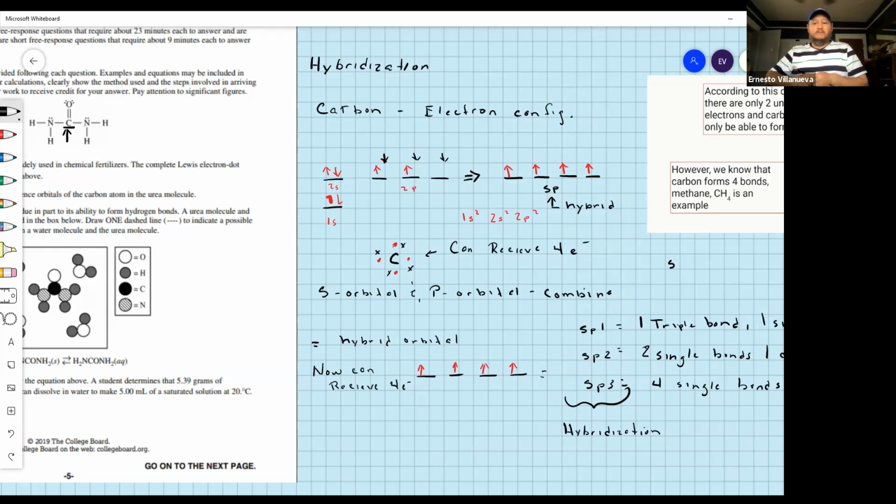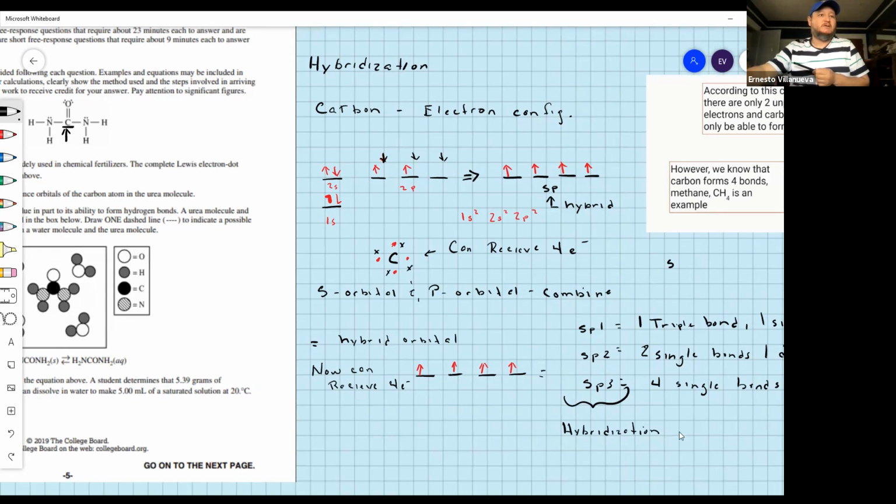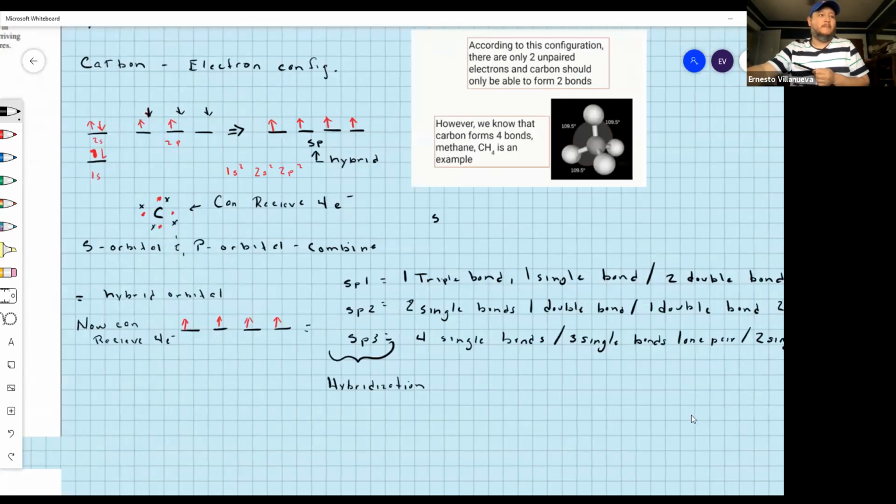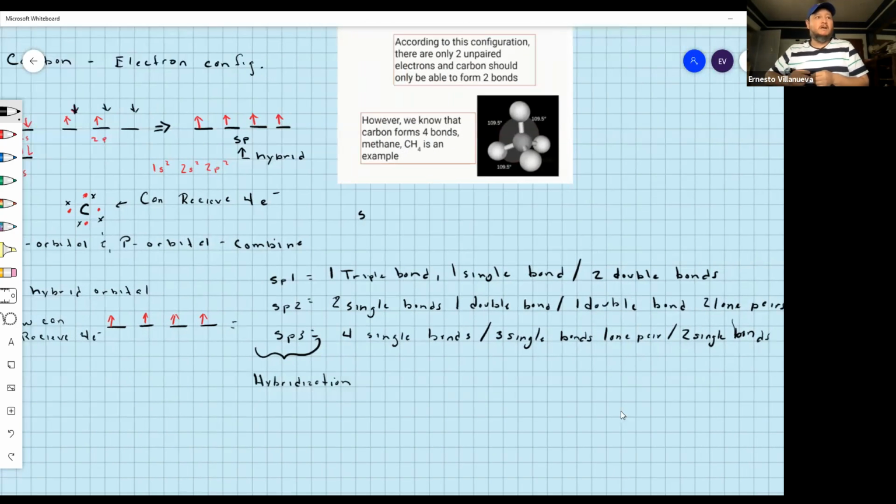What do we see on carbon? 2 single and 1 double. So let's take a look here. What I'm seeing here is sp2 hybridization.